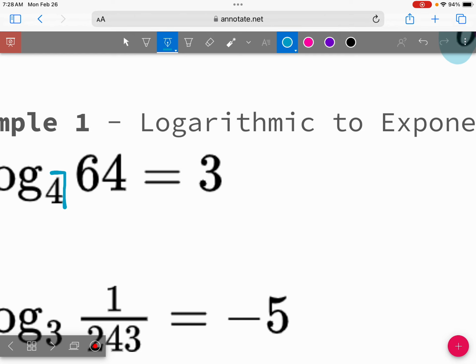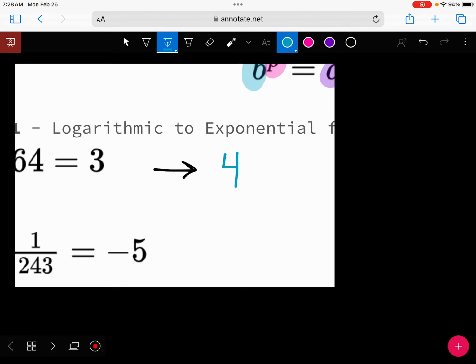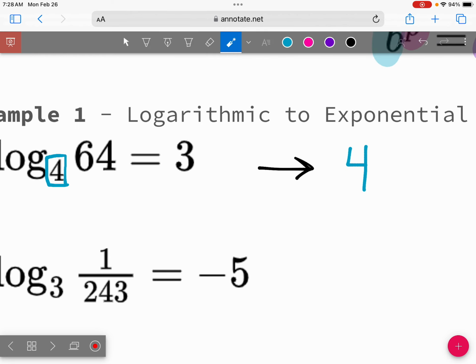So the base is always this little number under here. When we switch this over to exponential form, that base, log base 4, becomes the base of the exponential. What the logarithm equals, way over here on the right, is our power.